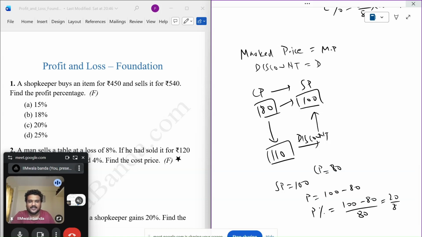So if you look at it, it is exactly the same as it was in the first case, which is 25%. What is the significance of marked price?